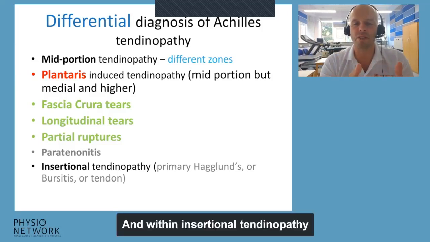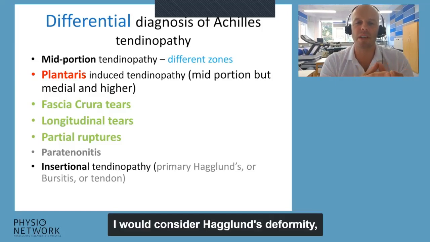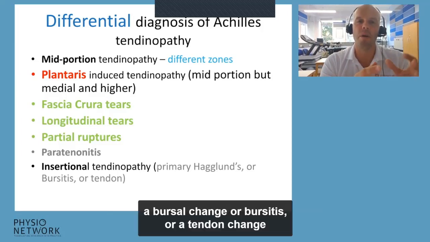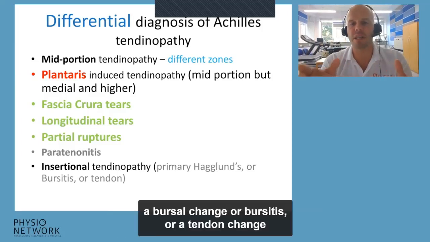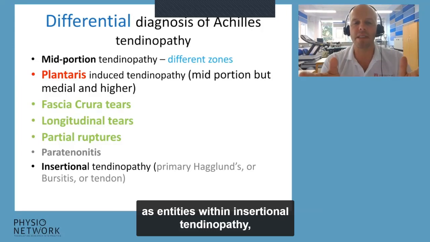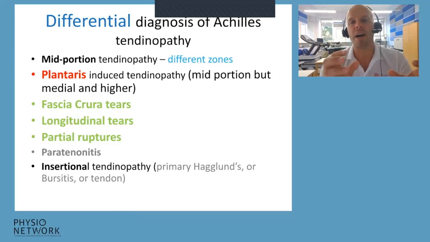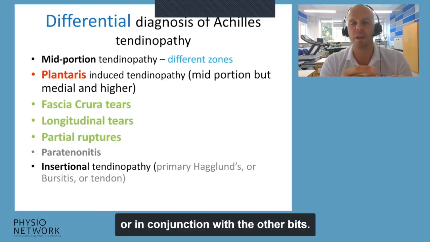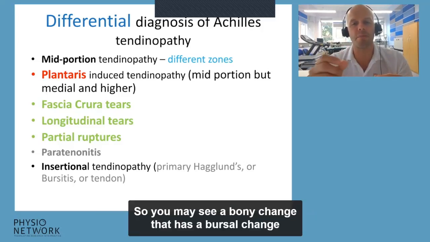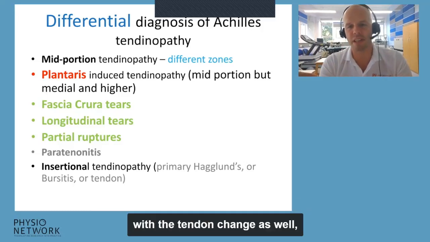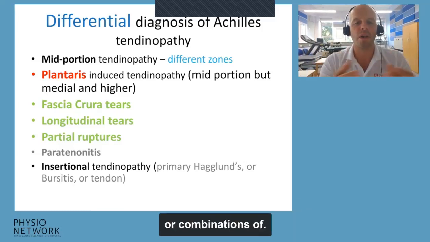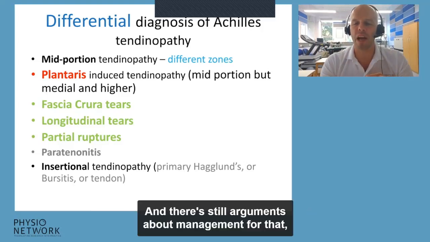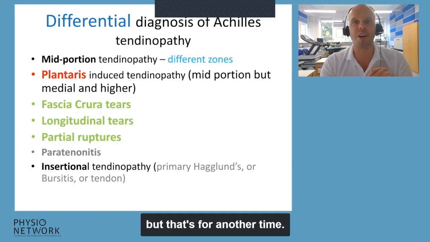And within insertional tendinopathy, I would consider Haglund's deformity, so a bone change, a bursal change, a bursitis, or a tendon change as entities within insertional tendinopathy. Those entities may occur by themselves or in conjunction with the other bits. So you may see a bony change that has a bursal change with a tendon change as well, or combinations of. And there are still arguments about management for that, but that's for another time.